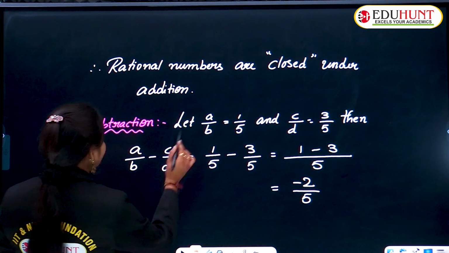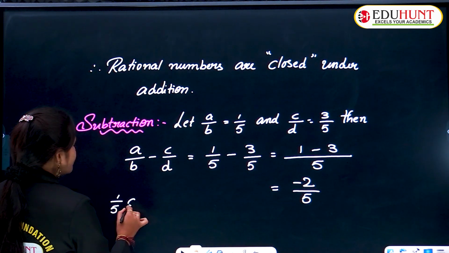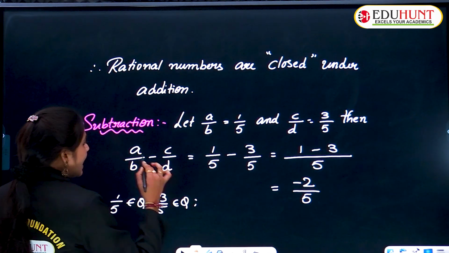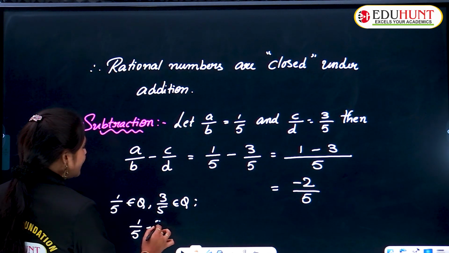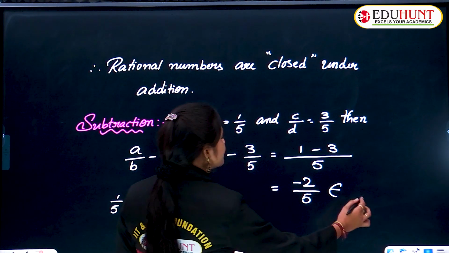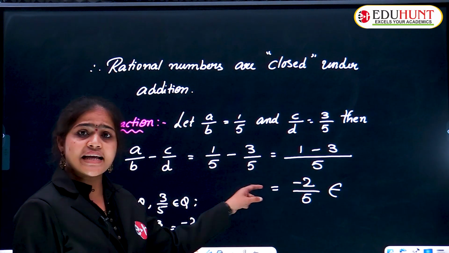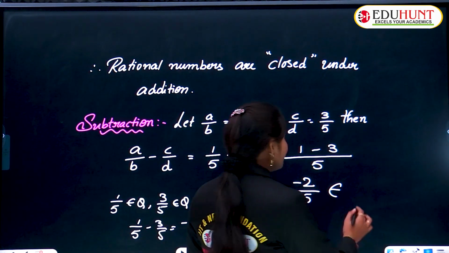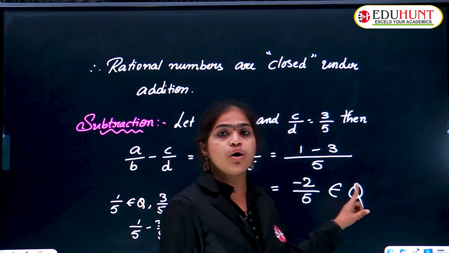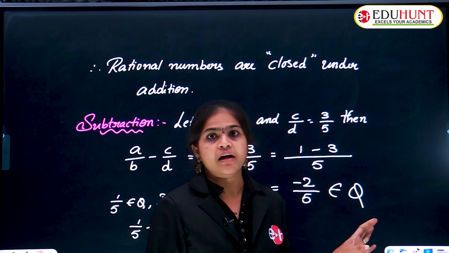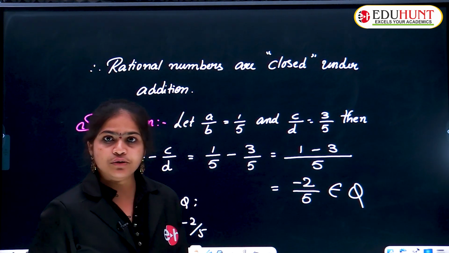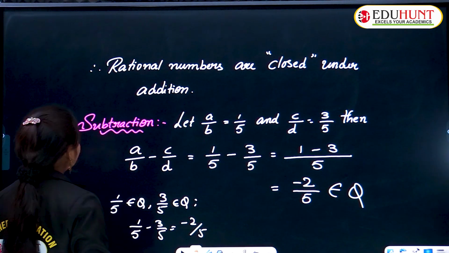Now see, A by B, 1 by 5, belongs to rational numbers, 3 by 5 belongs to rational numbers, and in the same way 1 by 5 minus 3 by 5, we got minus 2 by 5. Now, does minus 2 by 5 belong to rational numbers or not? Yes, that is a rational number, a negative rational number. Whether negative or positive, whatever it may be, we have to see whether it is a rational number or not. Understood? Yes. So that condition is also satisfied.